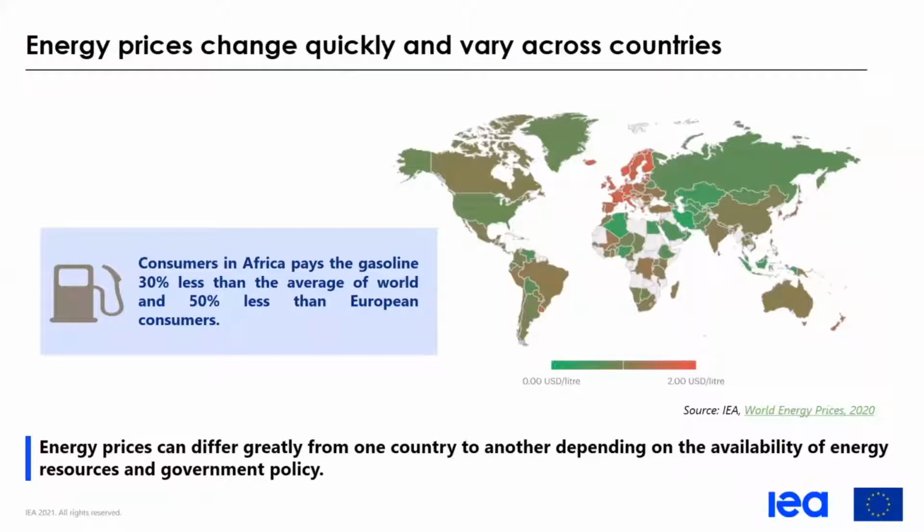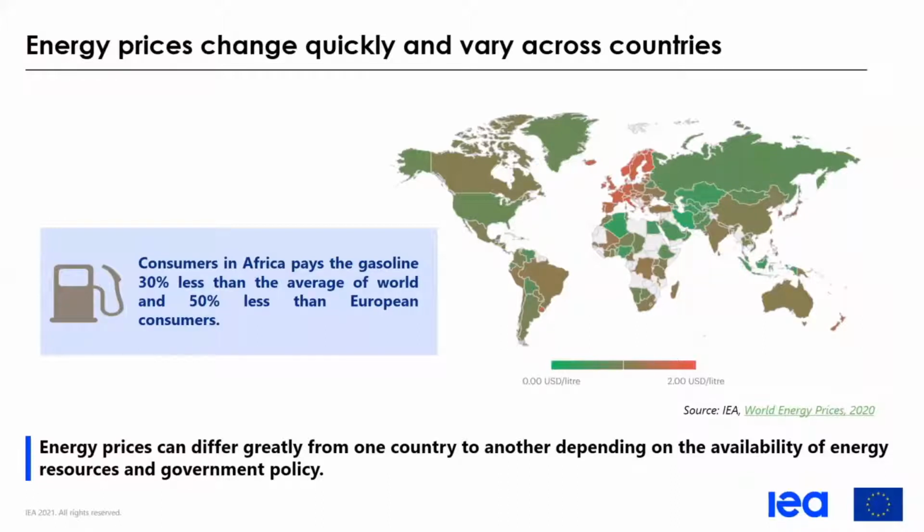Here at the IEA, we track energy prices across the world in the Energy Prices database. The map on this slide shows gasoline prices across the world drawn from this database. An accurate database is the basis for conducting accurate and robust analysis on the energy scenario and for assessing the competitiveness of a country.